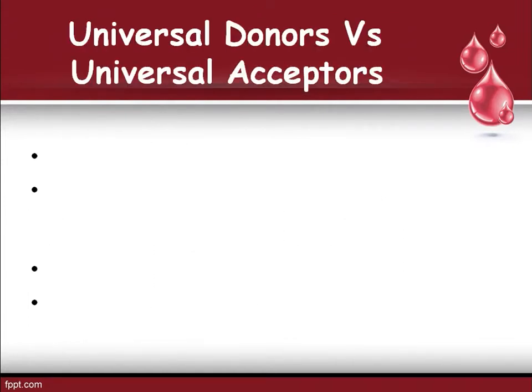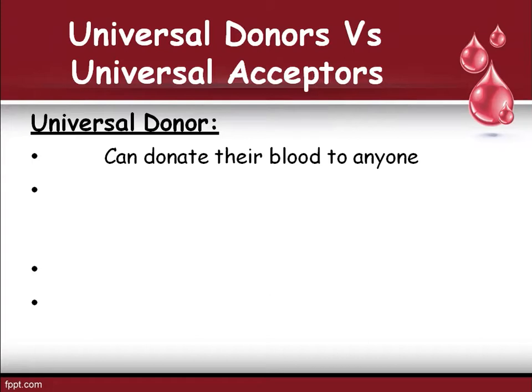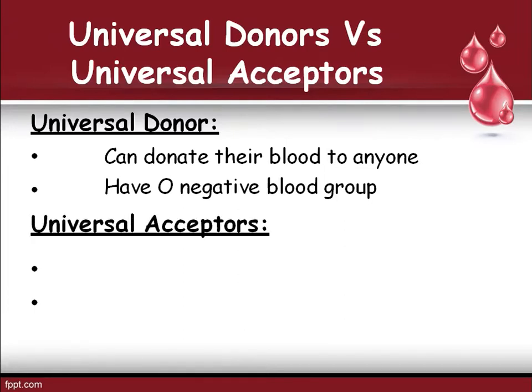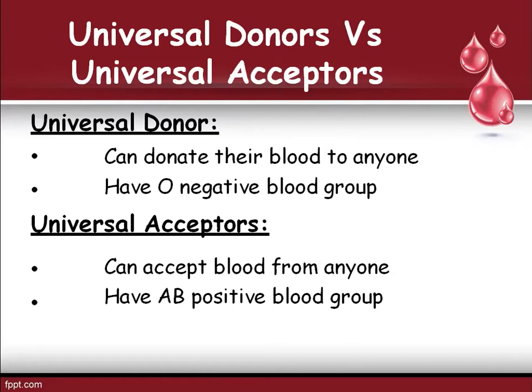Universal donor versus universal acceptor. Universal donor means they can donate their blood to anyone. They have O negative blood group. This O negative can donate blood to A, B and AB. Next one is the universal acceptor, who can accept blood from anyone.